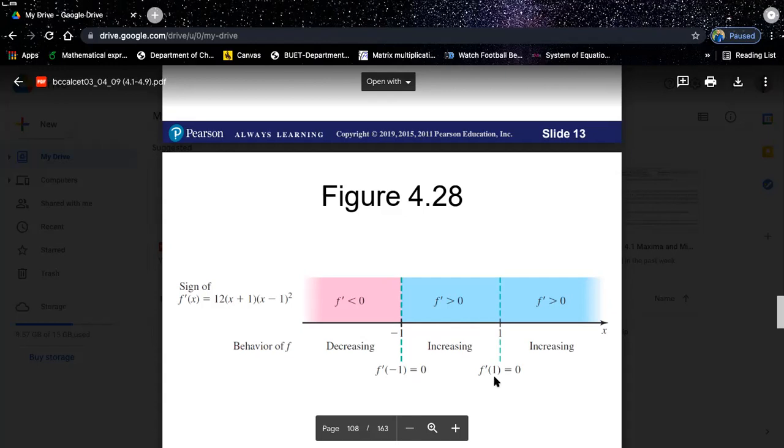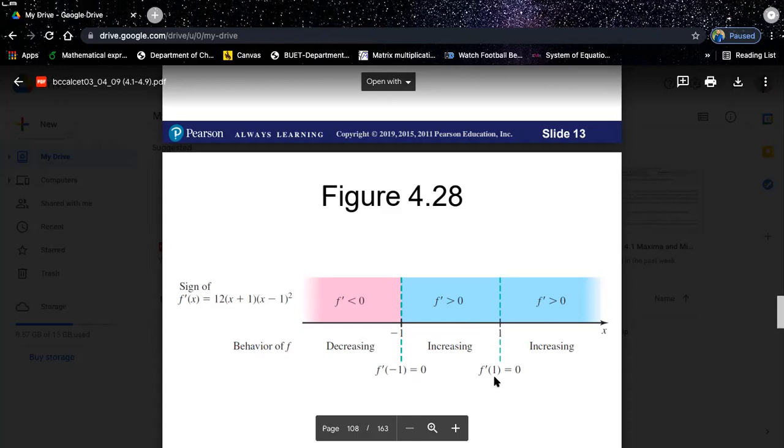Okay. Now, if the graph is not given, can we still find the behavior of f? And the answer is yes. Let's say we want to know what's happening at the critical point -1.